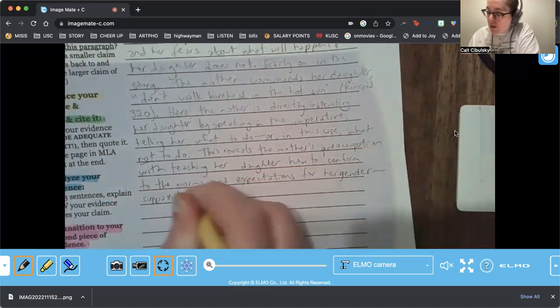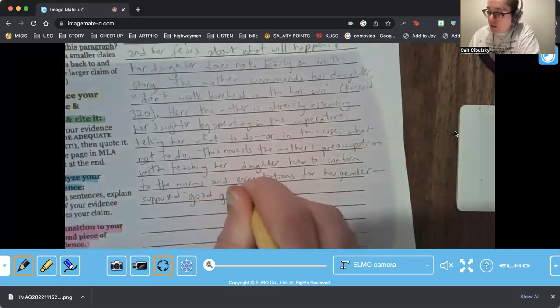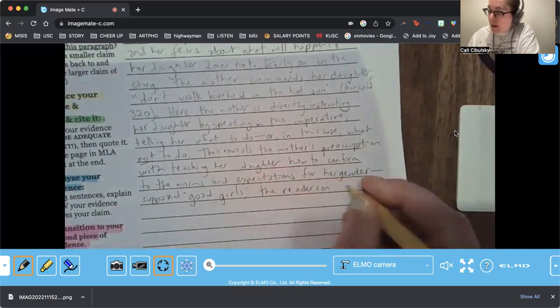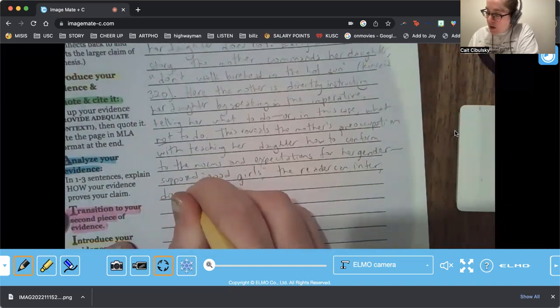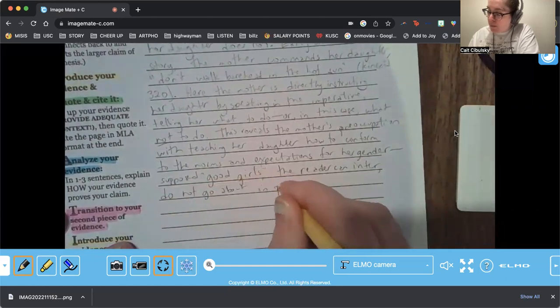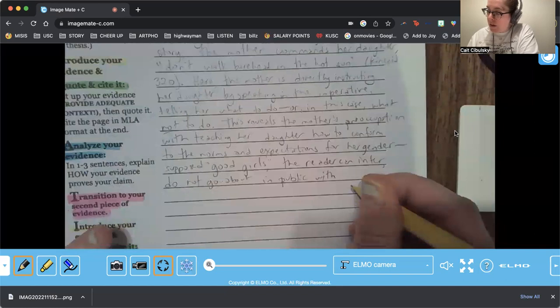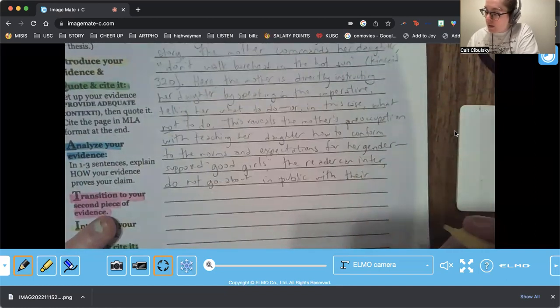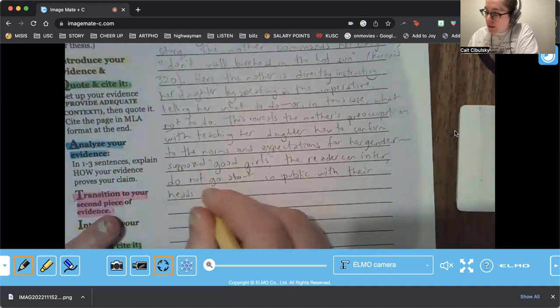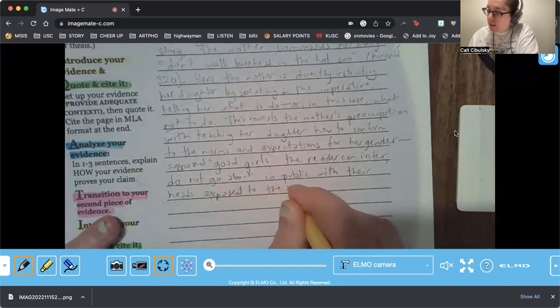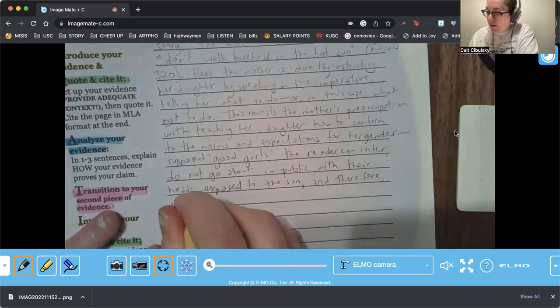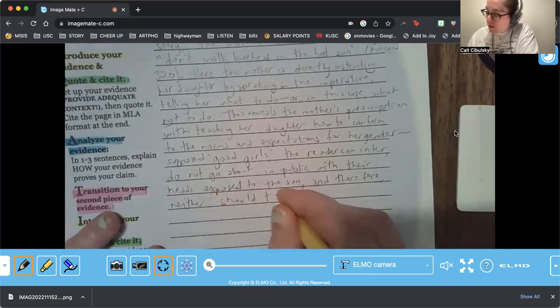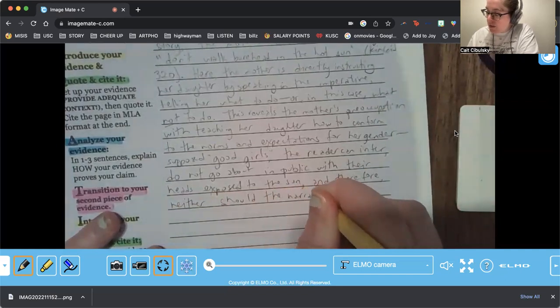Supposed good girls, the reader can infer, do not go about in public with their heads exposed to the sun, and therefore neither should the narrator's daughter.